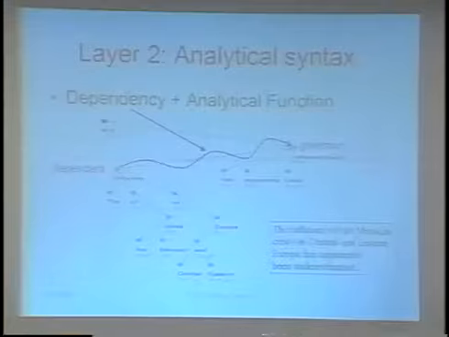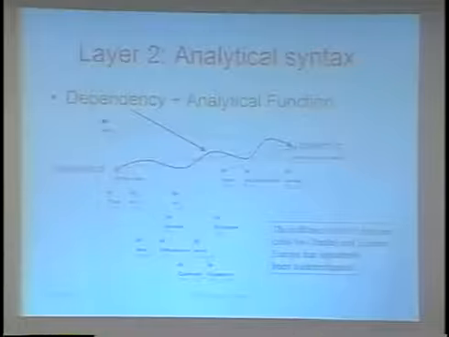We call the lower node the dependent, and the upper node is the governor. So this is the link that says what is grammatically dependent on what. Of course, again, we can talk about what should be the dependent, what should be the governor. Typically, it's driven by the morphology in Czech.